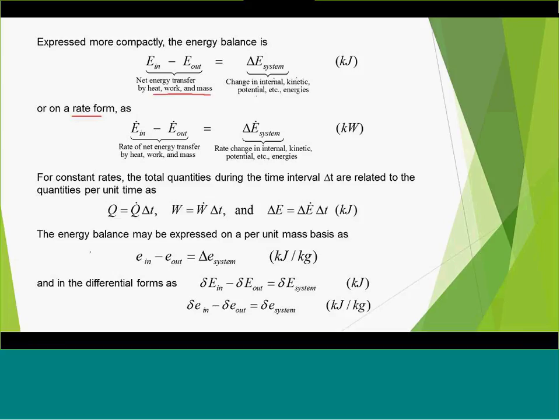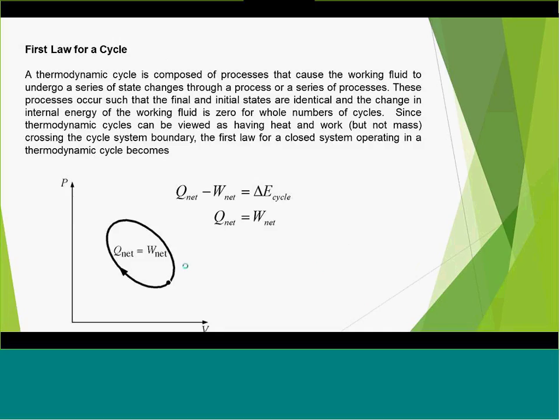Okay, so basically the energy balance may be expressed on a per unit mass basis. It's the same thing, but remember, when you have per unit mass basis, you're actually changing the dimension, you divide it by the mass. For a cycle, like I said, it's a complete cycle where the change in the working fluid energy is 0 for the whole number of cycles.